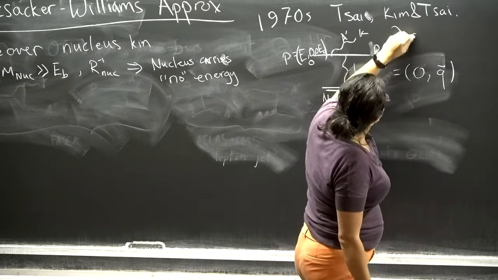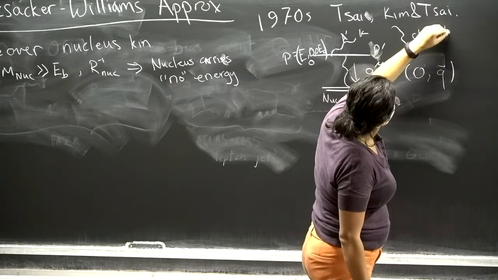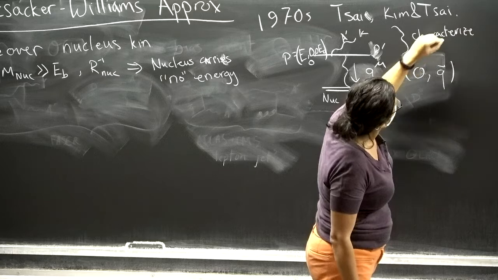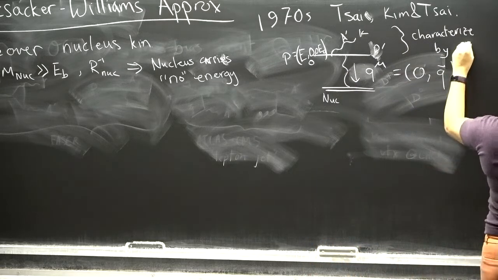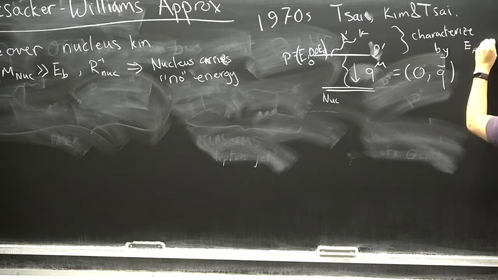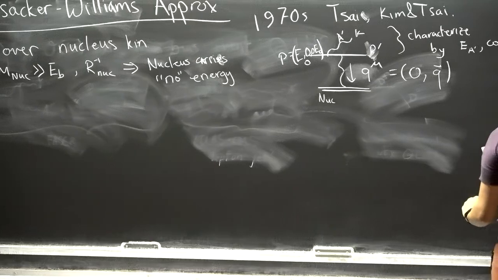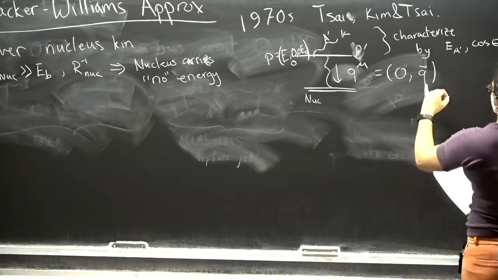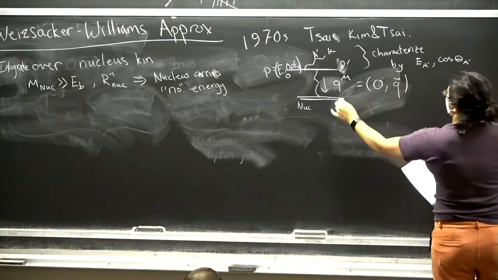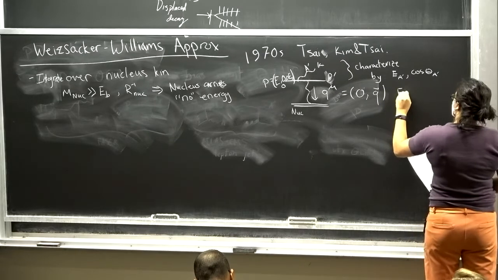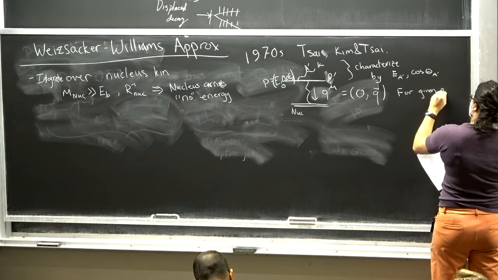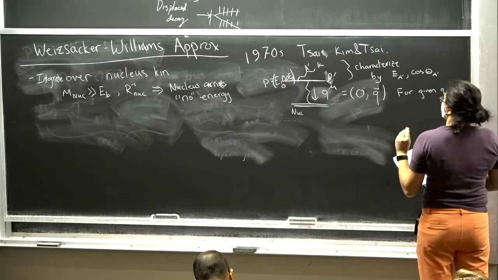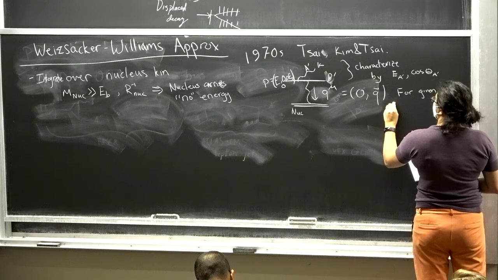And I can characterize it by the energy of the A prime and its cos theta when I'm integrating over Q. But for a given Q, it's also natural to work with a Mandelstam invariant.